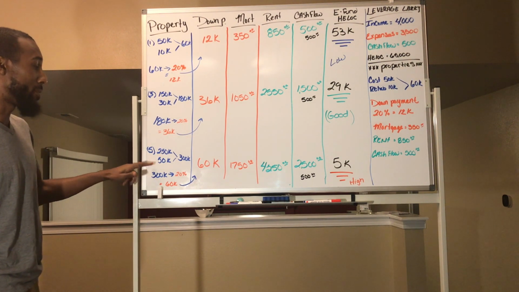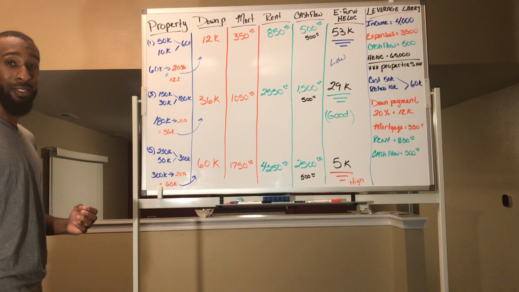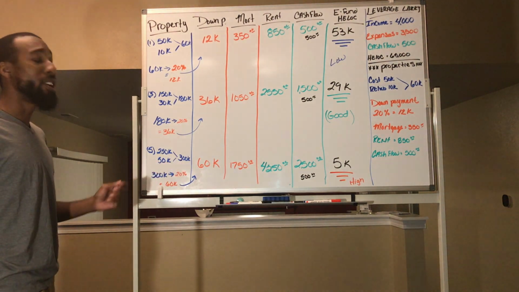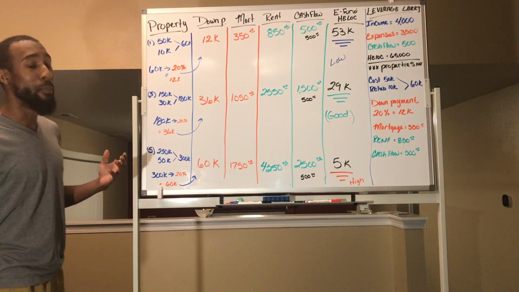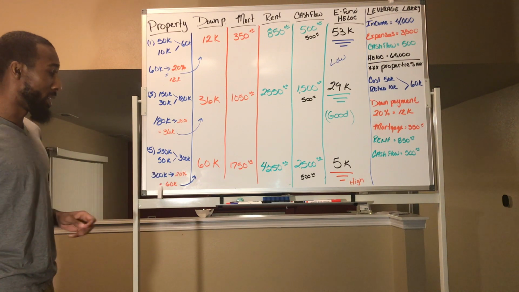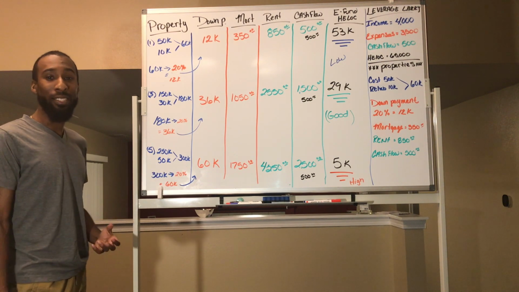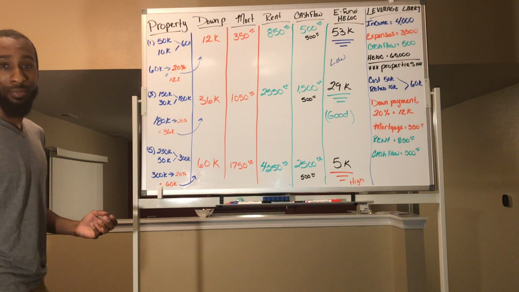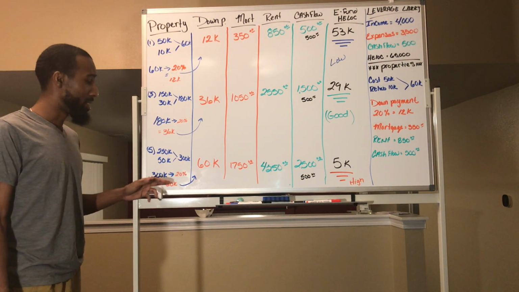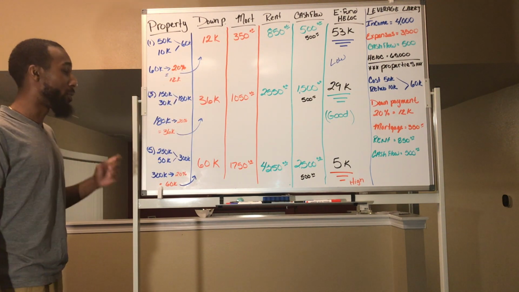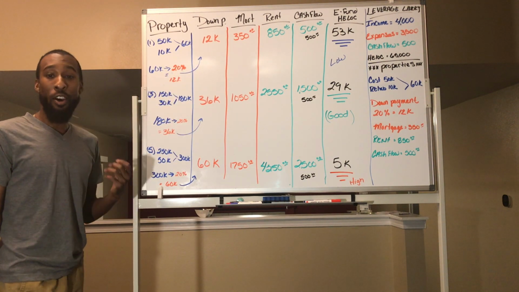So we times that by 5, that's going to be $50,000 that he's going to put into all the properties. It's going to leave us at $300,000 for a mortgage.